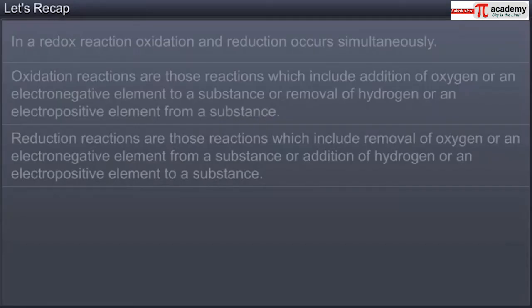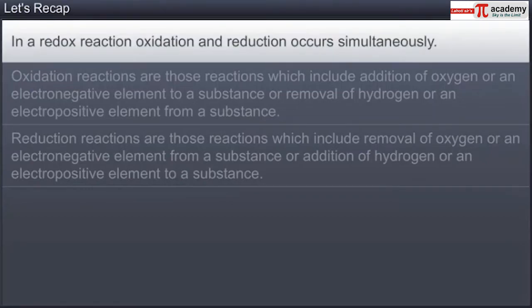You have now reached the end of this module. In this module, you learned that in a redox reaction, oxidation and reduction occur simultaneously.